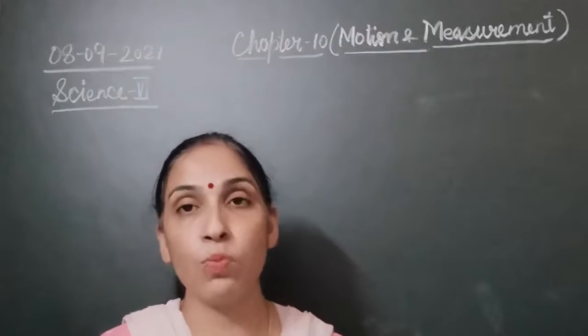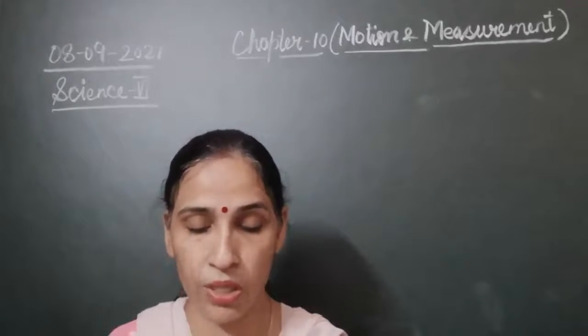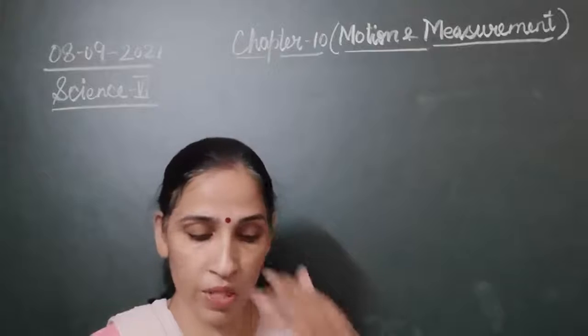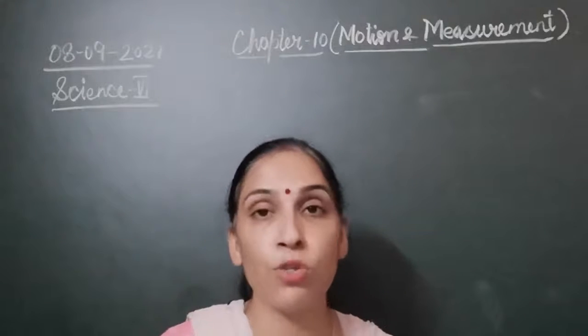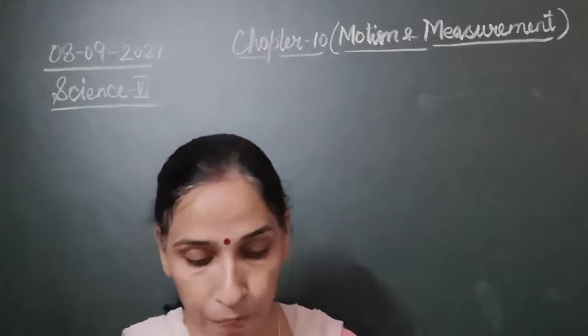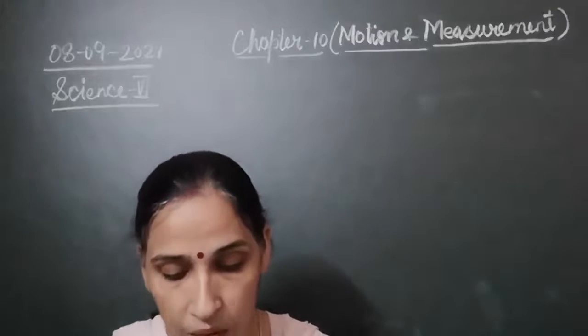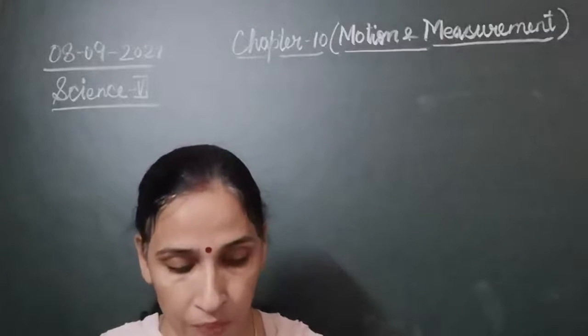Now what is measurement? Measurement is the comparison of an unknown quantity with a known fixed quantity of the same kind. The known fixed quantity is called a unit. It determines the number of times a physical quantity is related to its unit.